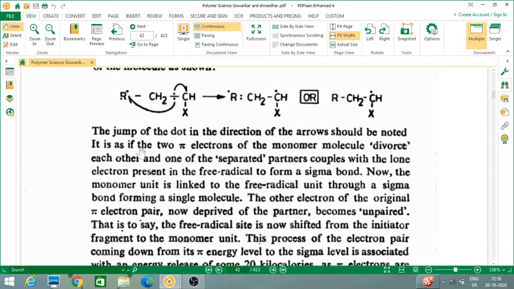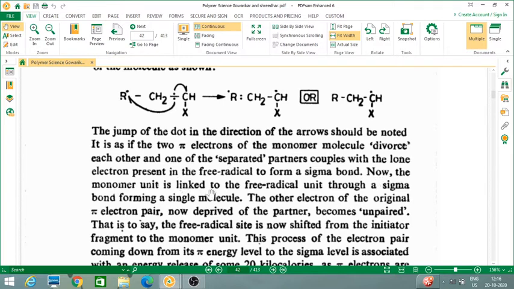It is as if the two pi electrons of the monomer molecule divorce each other. So they both go in different directions. One of the separated partners couples with the lone electron present in the free radical to form a sigma bond, this sigma bond.